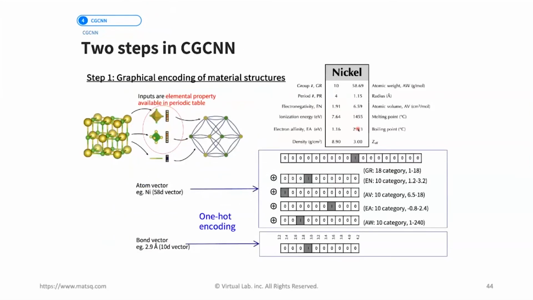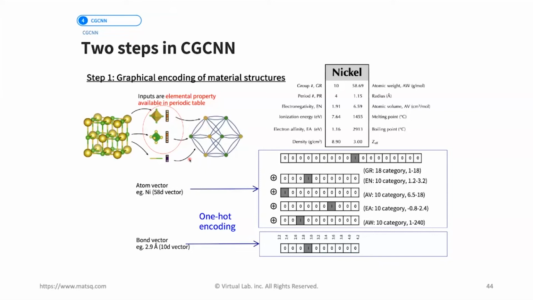The graph encoding converts the bulk to a graph. Very simple, right? This is the crystal system, and this is the graph. In the first step, we call this procedure graph encoding. There are some atoms here, and bonds here. A crystal is composed of atoms and bonds, right? And you can change the terms to node and edge. An atom is a node, and a bond is an edge.